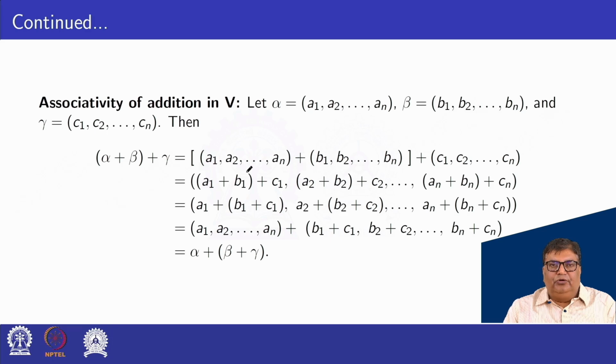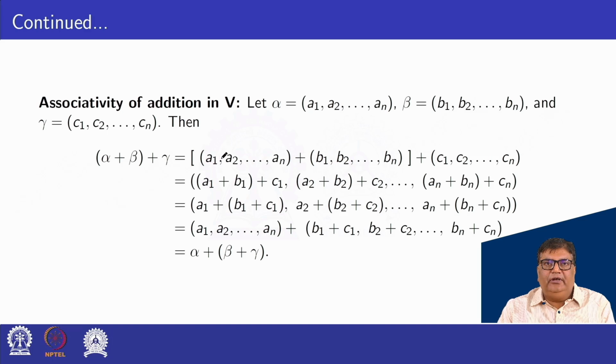Okay. So, as per addition of two vectors, that is (a1 plus b1, a2 plus b2, and so on, an plus bn). Again, we can add the third vector (c1, c2, and so on, cn).